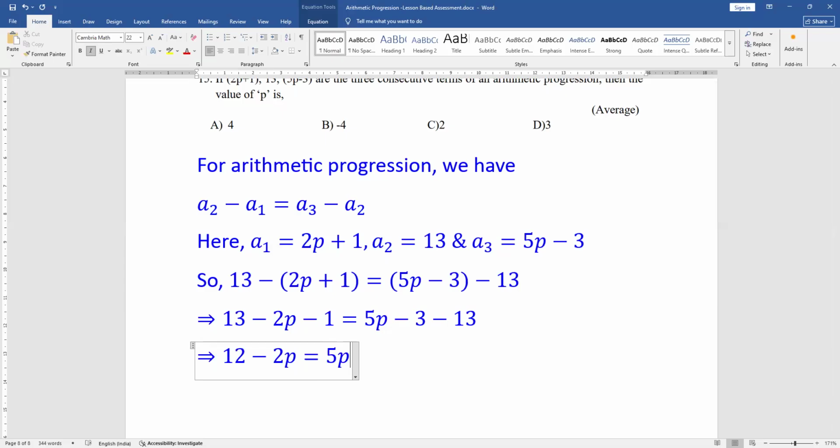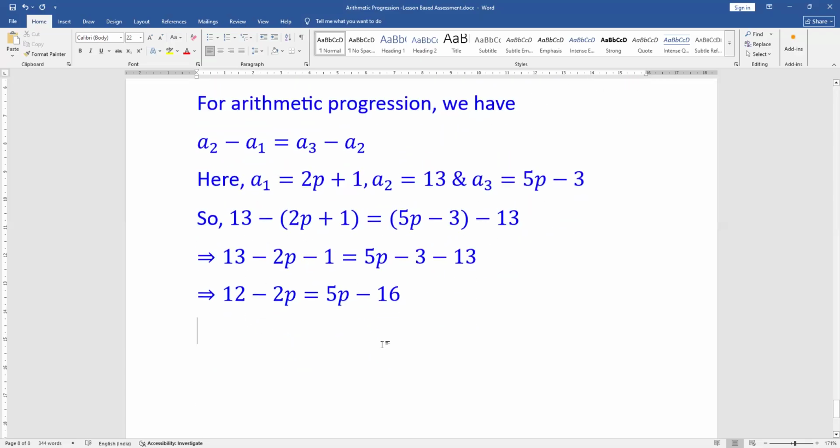Here 5p is the only variable term, so let me make it numbers. Minus 3 minus 13, same signs, so we need to add and retain the same sign. So minus 3 minus 13 is minus 16.